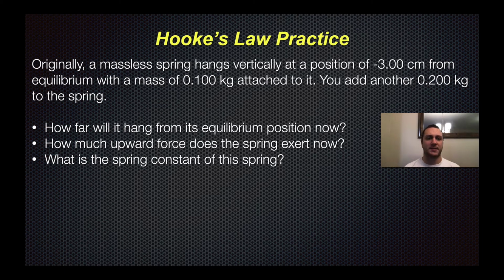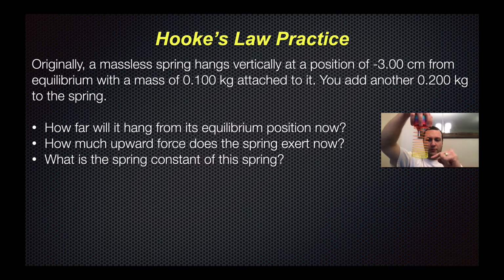So if we practice this: originally a massless spring hangs vertically at a position of negative 3 centimeters from equilibrium with a mass of 0.1 kilograms attached to it. You then add another 0.2 kilograms to the spring. To get a little visual on this, again, I'm going to go to the slinky here. So we orient the slinky. Notice how the slinky has some pretty definitive amount of stretch from where I'm holding it.